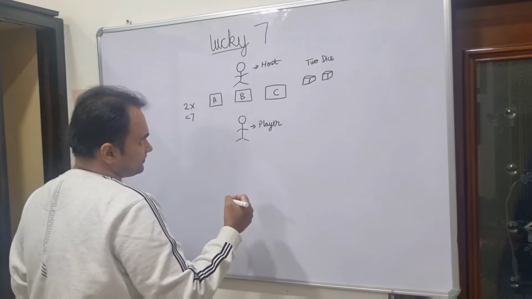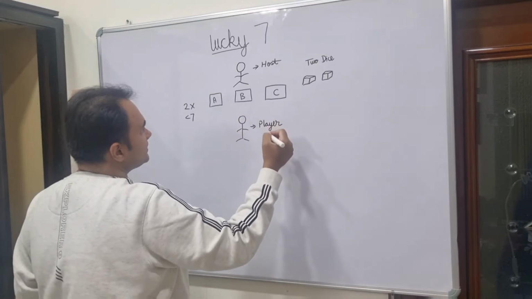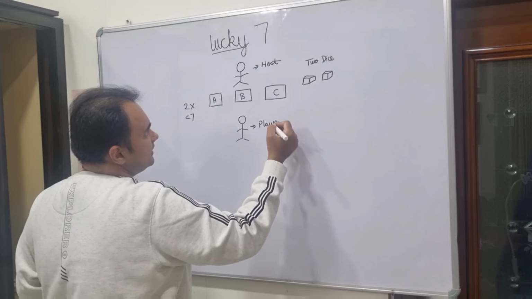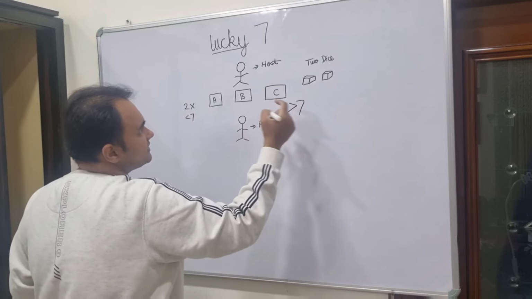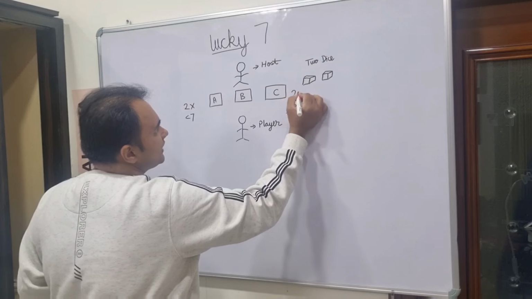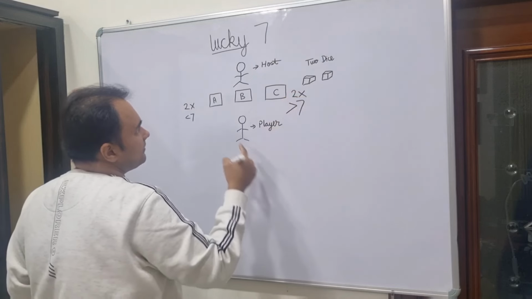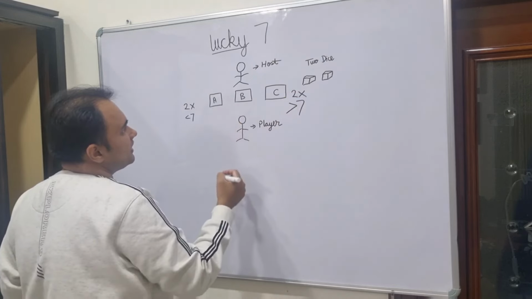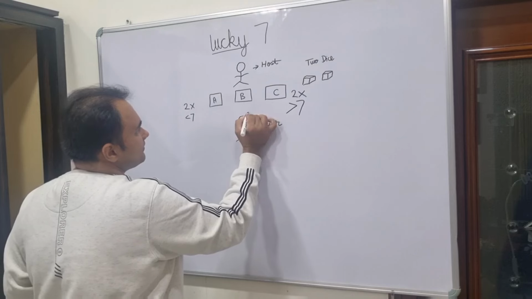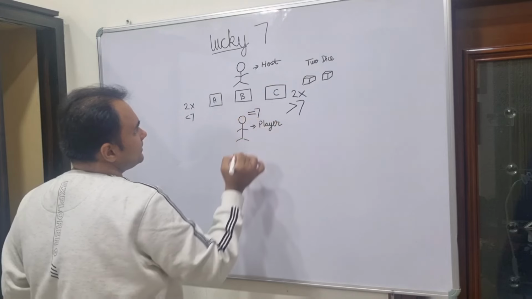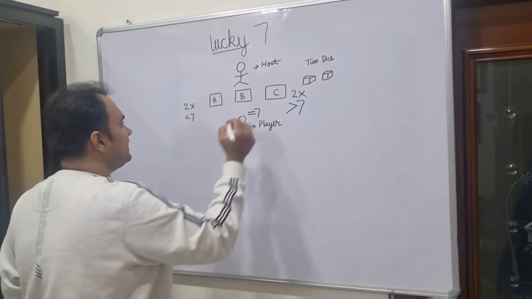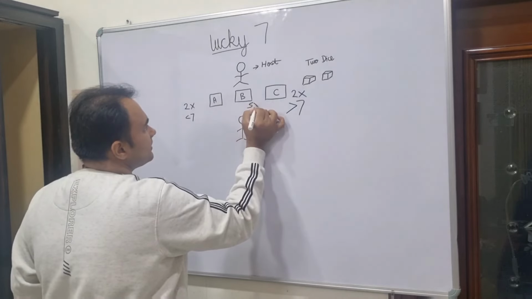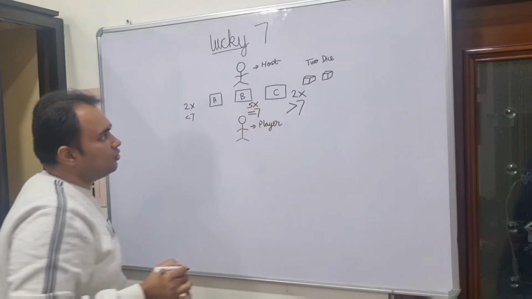If that sum is greater than 7, then box C wins and it multiplies your money 2 times and box B and A lose. If that sum is equal to 7, then box B wins and it multiplies your money 5 times and box A and C lose.